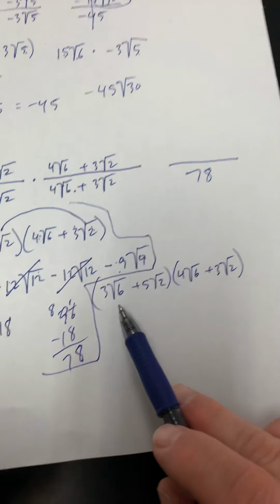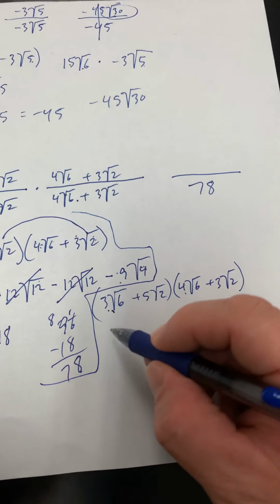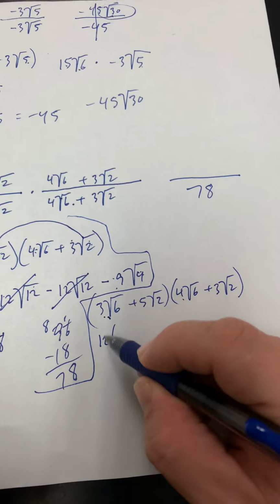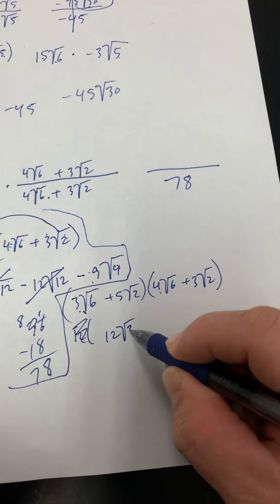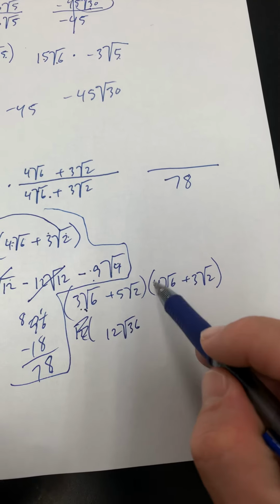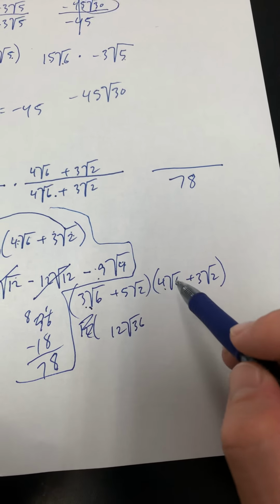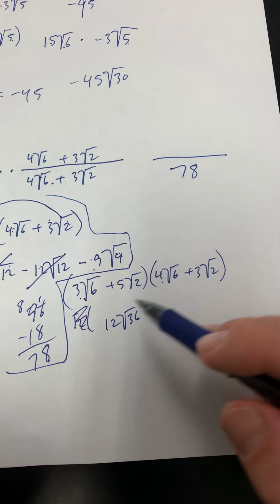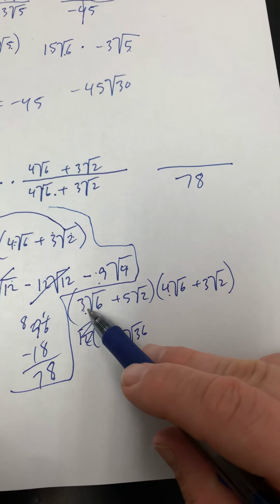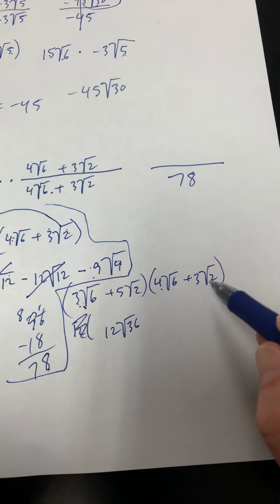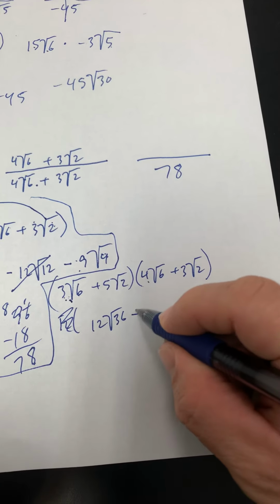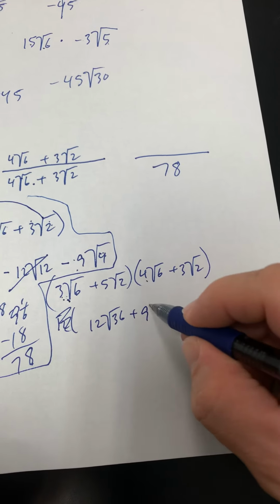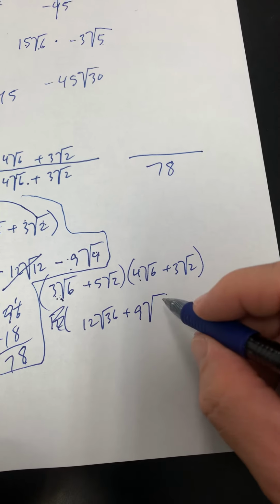Okay, so just use the FOIL method. That's going to give you 12 times the square root of 36. So 3 times 4 gives me 12. Square root of 6 times square root of 6 gives me square root of 36. All right, 3 times square root of 6 times 3 times square root of 2 gives me positive 9 times the square root of 12.